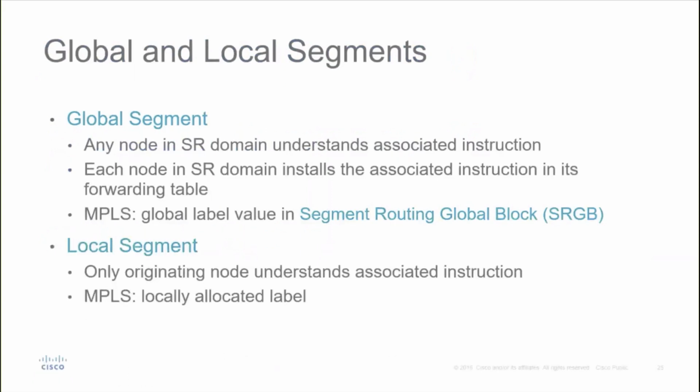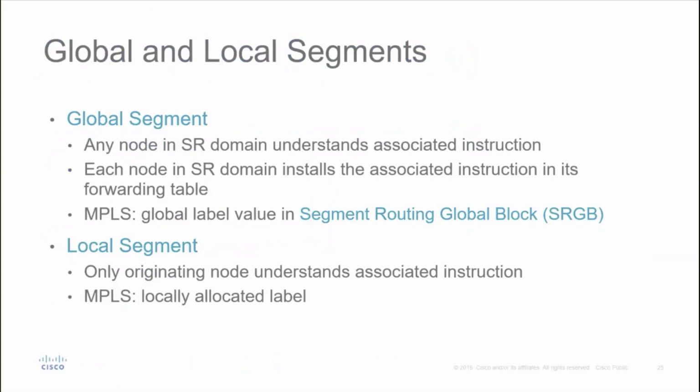So we introduce a concept of a segment that can be global or local. A global segment is a segment that any node in the segment routing domain understands. It's an instruction. Let's say I'm trying to send traffic to GD, and GD has a label that is associated with his loopback prefix.